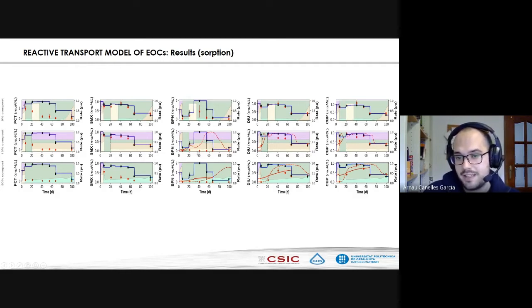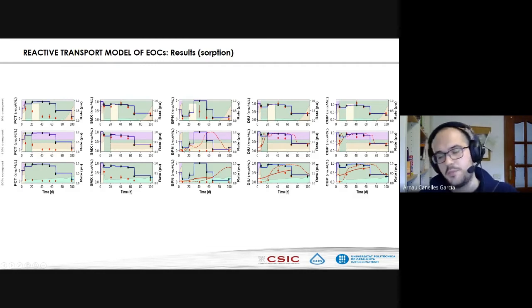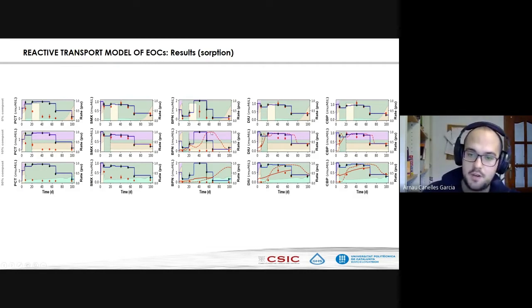But the reality is that the data, these red dots, are always very low, and therefore this could not be this kind of retardation coefficient that gives this peak over here. So we needed this kinetic equilibrium to further define the fitting of this data, which is also the same that we showed for the other compounds, both diuron and carbamazepine.